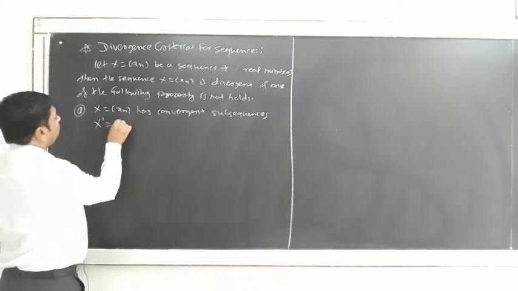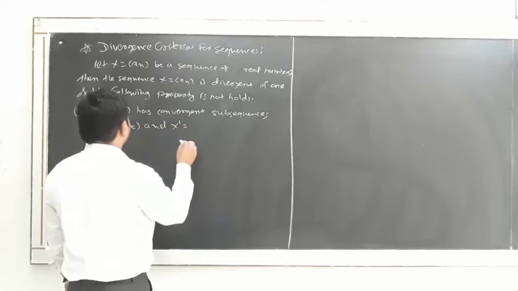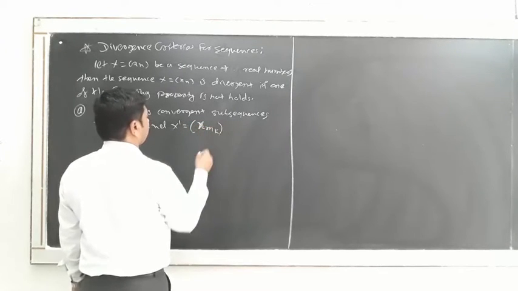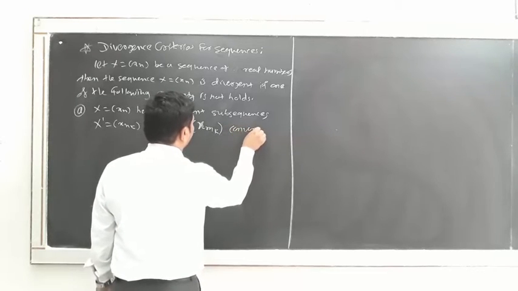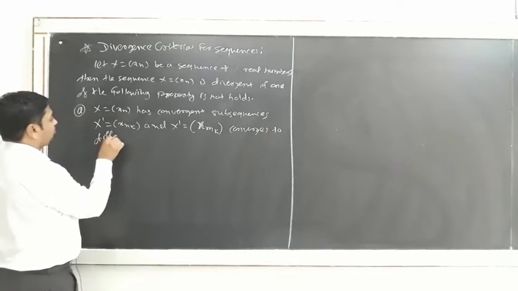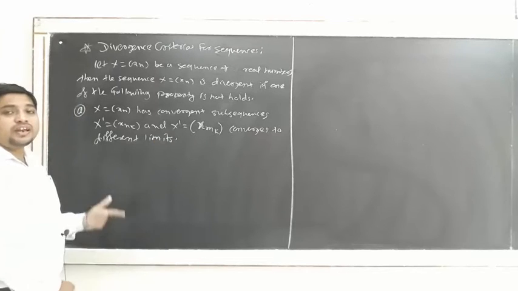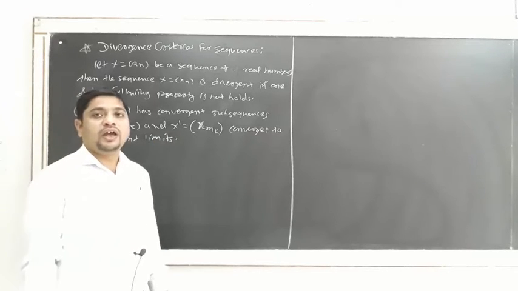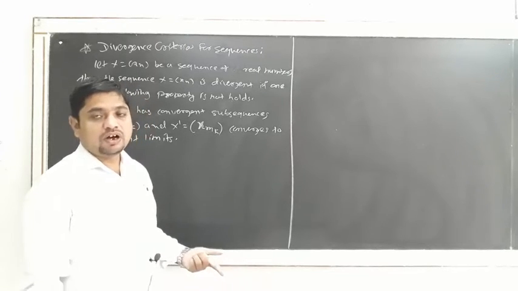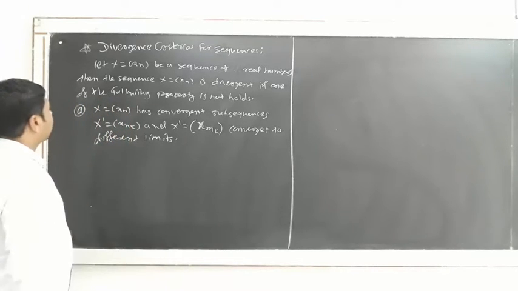X' = (xnk) and X'' = (xmk) that converge to different limits. That means if xn has two convergent subsequences and these two subsequences converge to different limits, that is, they do not converge to the same limit, then we say that this given sequence is divergent.